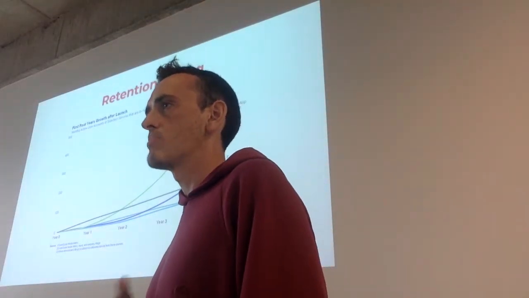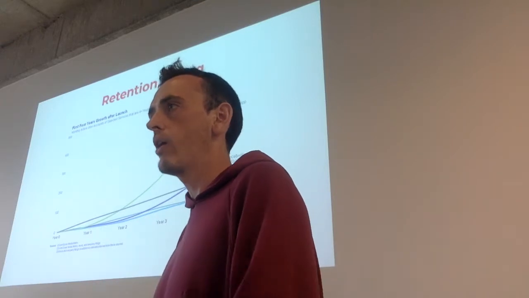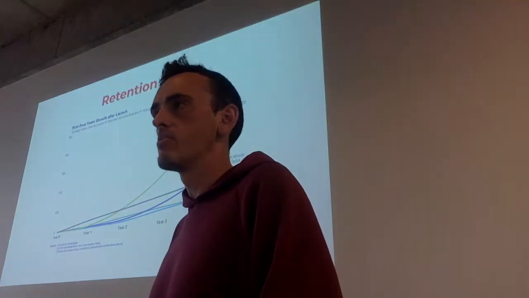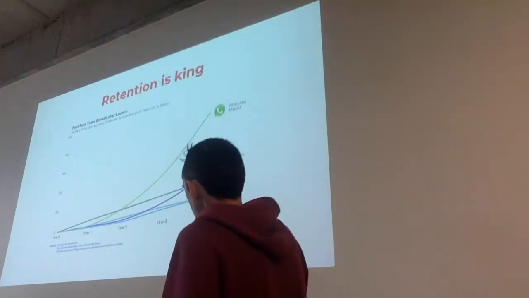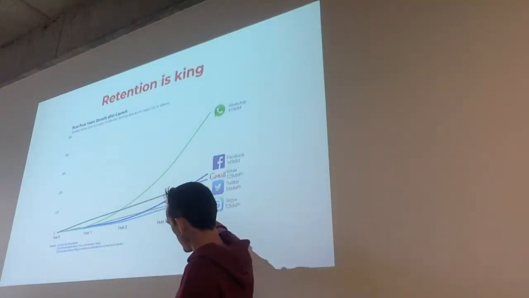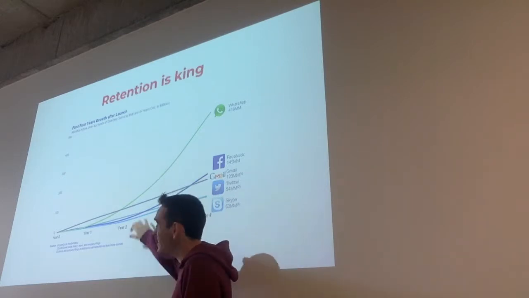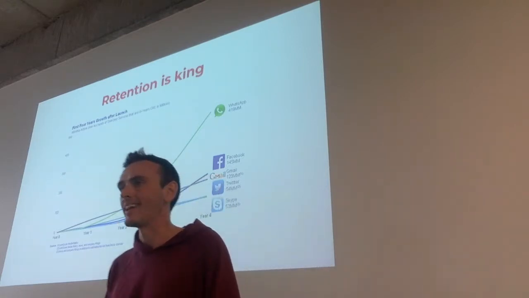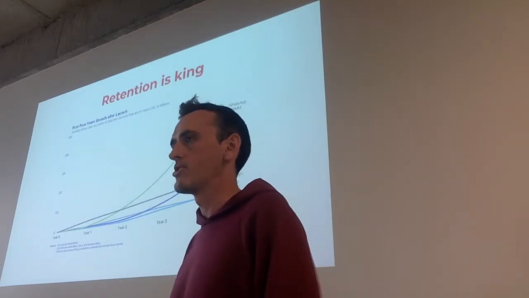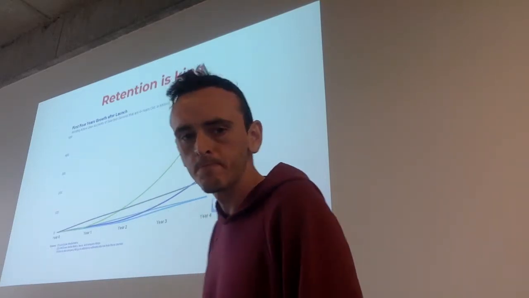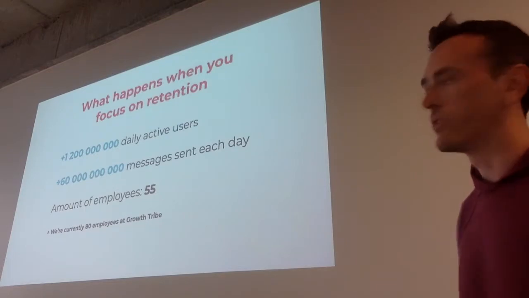They've never spent any money trying to acquire users. They've just constantly been focusing on activation and retention, and that's been their focus the entire time. So the reason they have exponential growth while all of these face linear growth is simply because the retention rate is so insanely high that every new user they add just keeps being added on top because their churn rate is so incredibly low.